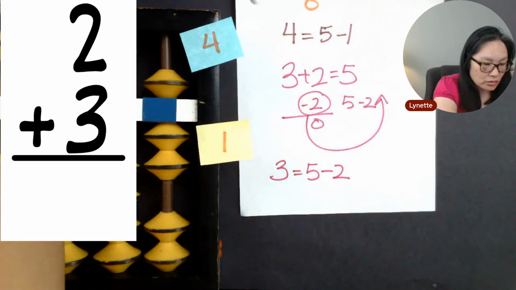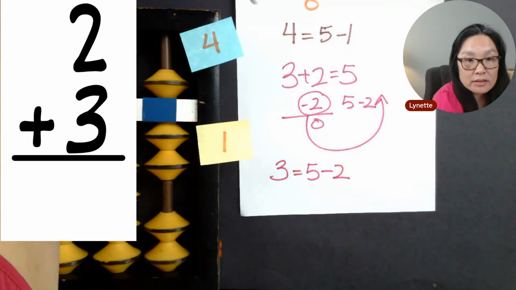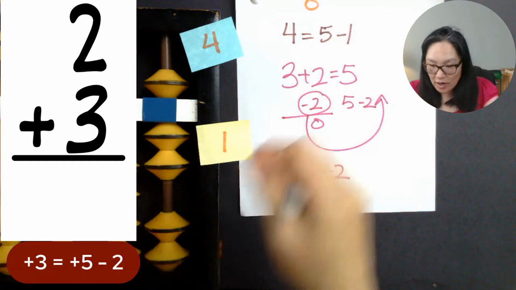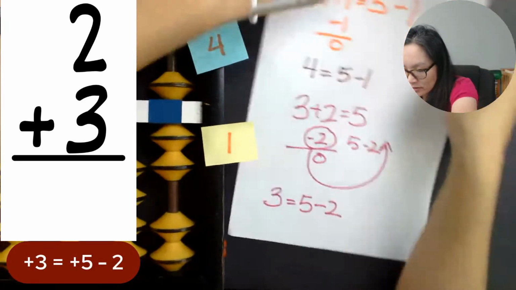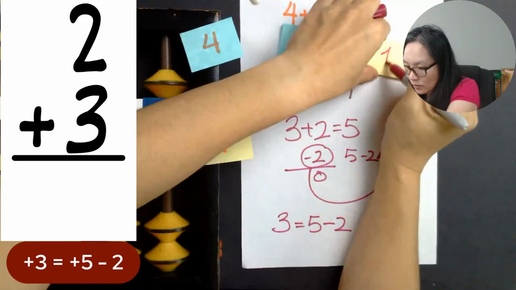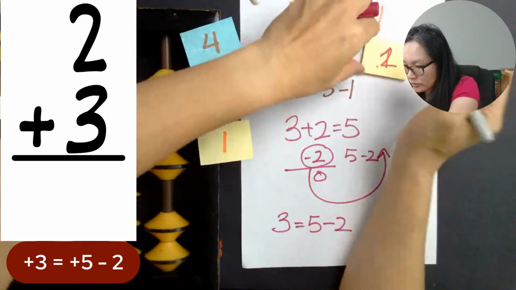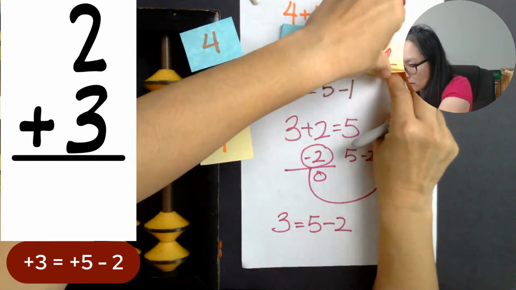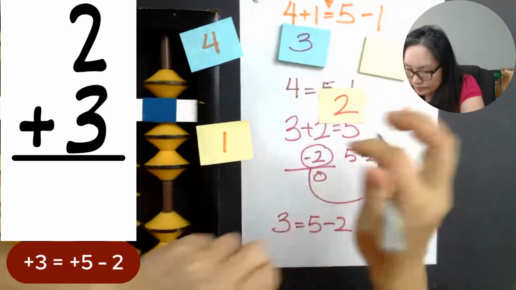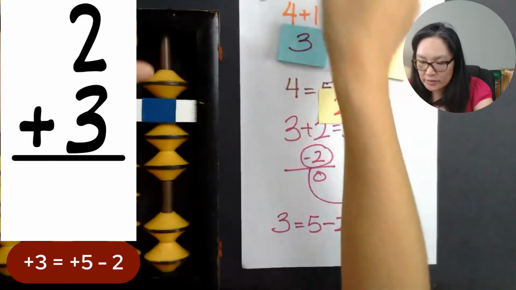And I need to show this. Okay. So on our Post-it notes, we're going to add 3 and 2. How do we do that?